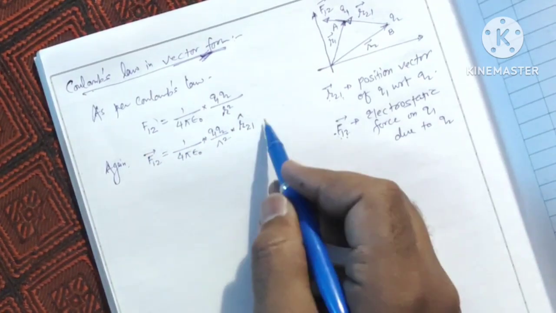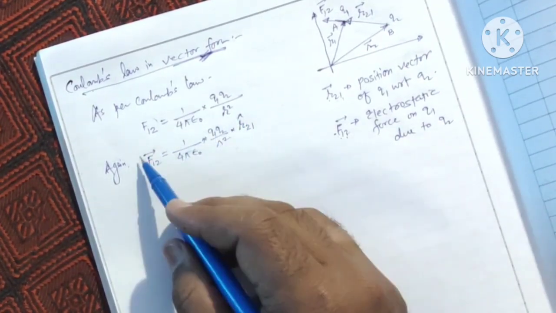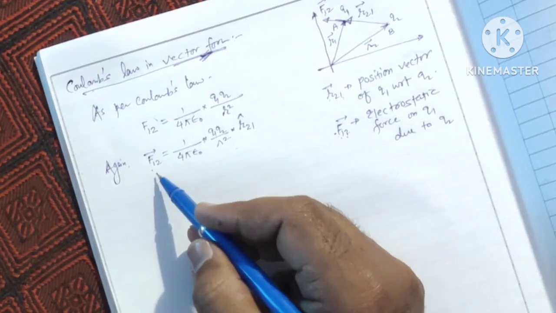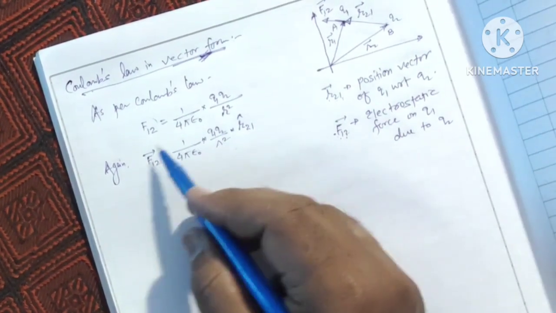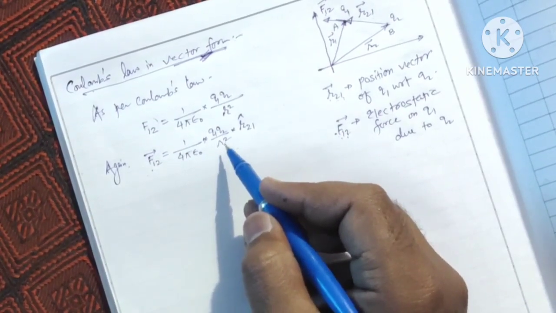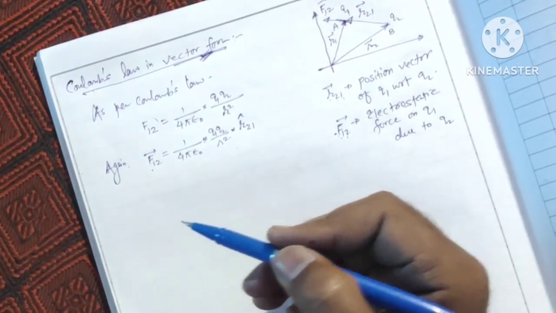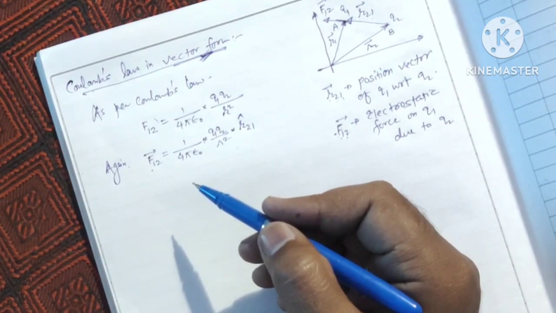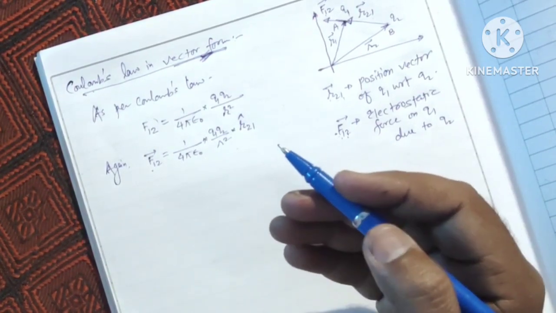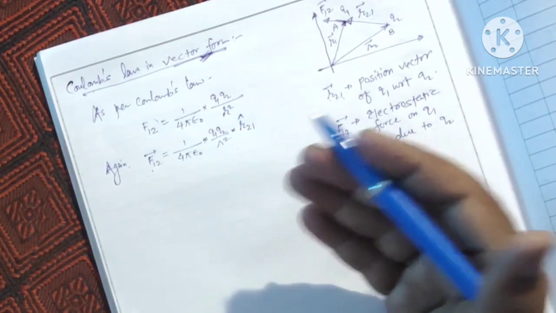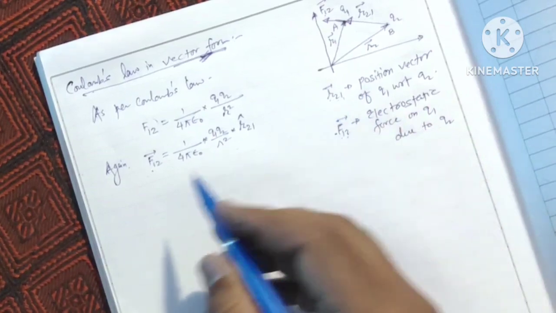So now this has become the expression in vector form. But let's not call this the final formula, because in any numerical we won't be able to use this expression directly. The formula we prefer is the expression which can be used directly in any numerical.